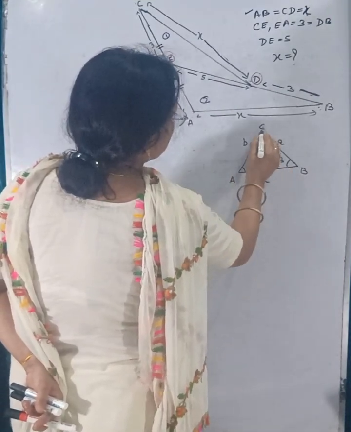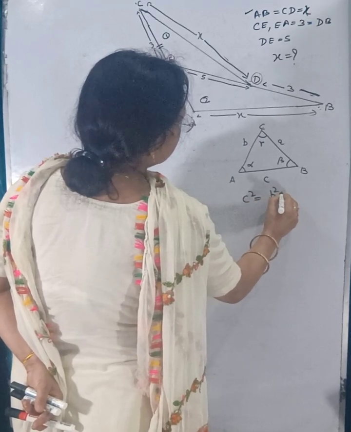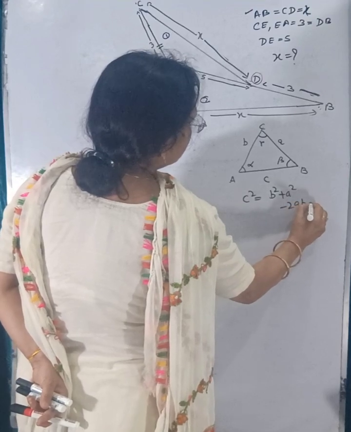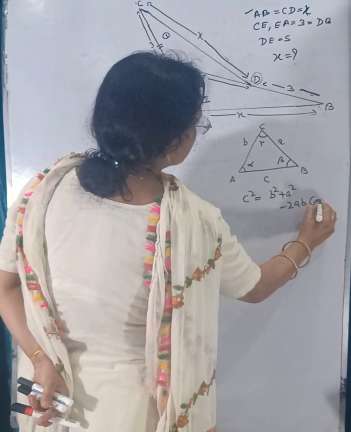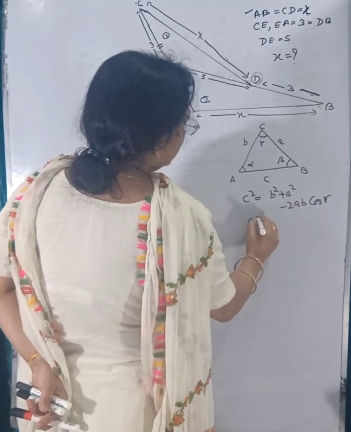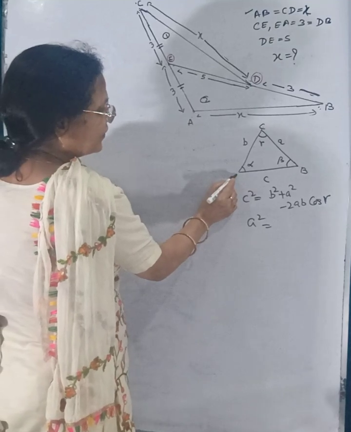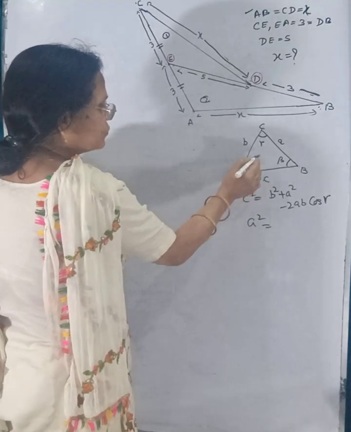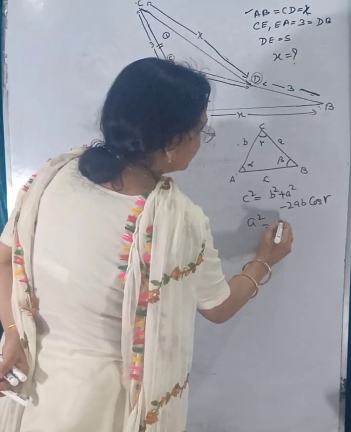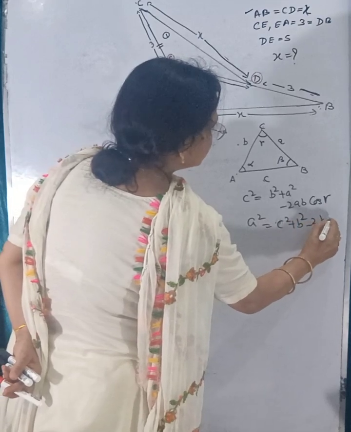c square can be written as a square plus b square minus 2ab cos of gamma. a square can be written as, this is cos of alpha, so leaving that, c square plus b square minus 2bc cos of the angle alpha in between.